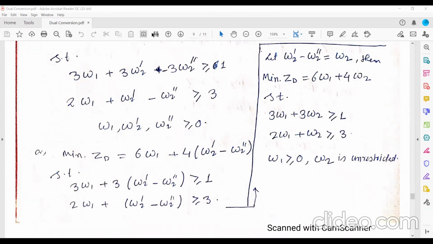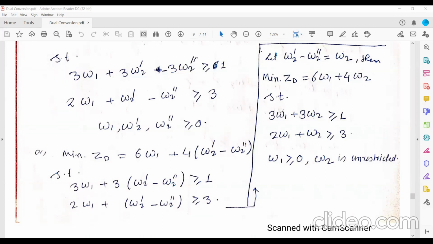You just check in which constraint equation the equality sign is there, and then the variable corresponding to it, here W2, is to be considered as the variable related to the second constraint equation, because in the second constraint equation the equality sign was there.